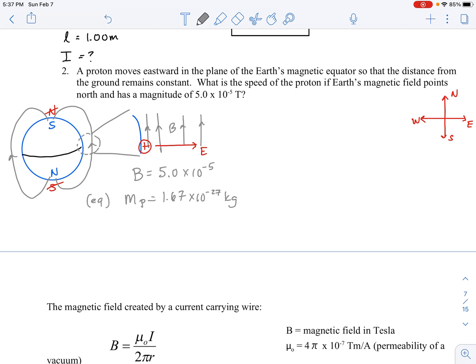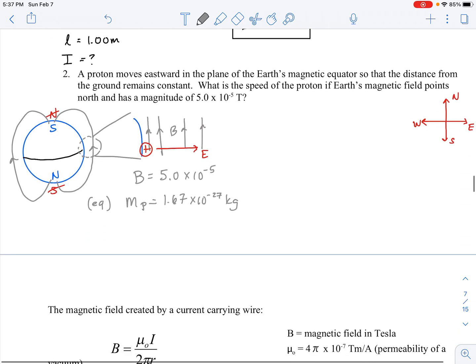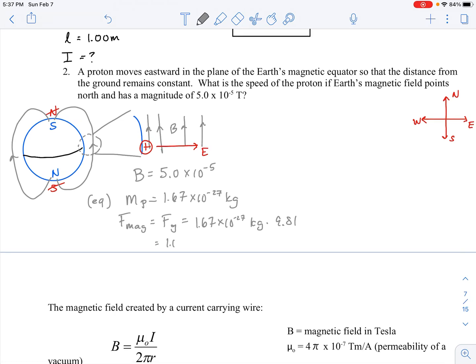That's on the equation sheet. What I'm going to assume here is much like the last question: that the magnetic force equals the gravitational force on the proton, which would be 1.67 times 10 to the negative 27th kilograms times 9.81, which is 1.64 times 10 to the negative 26th newtons.